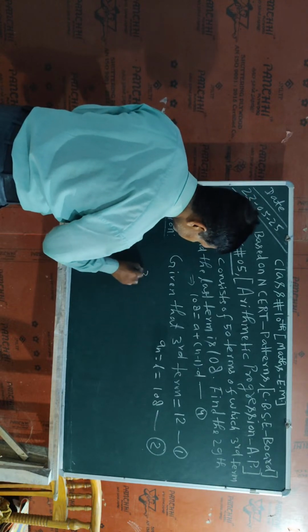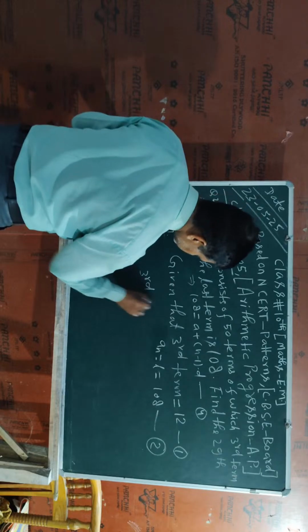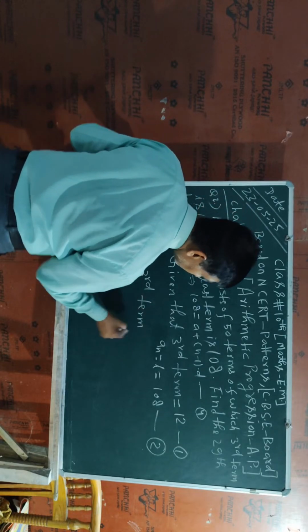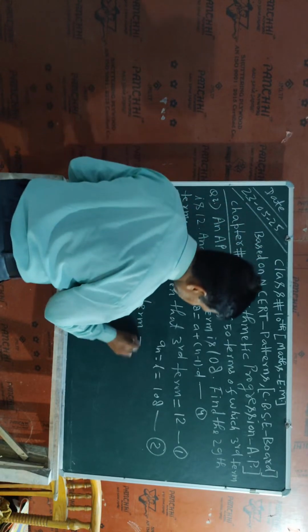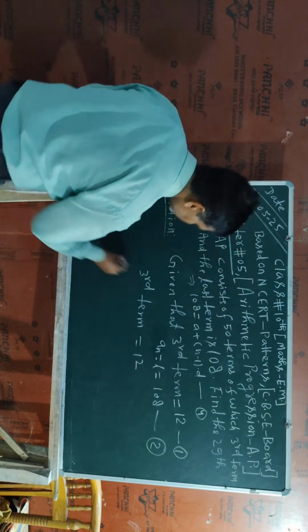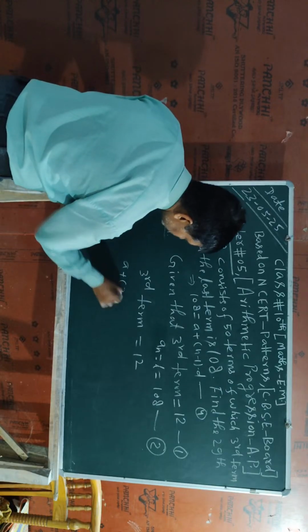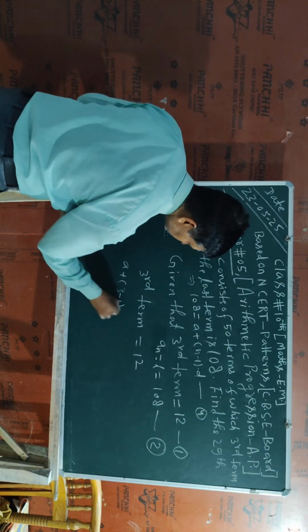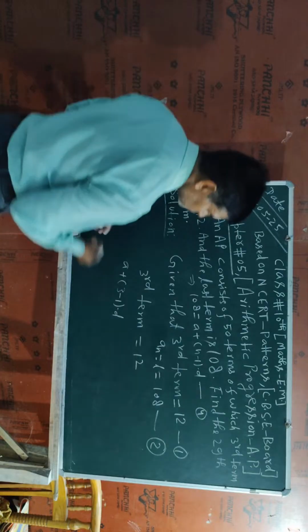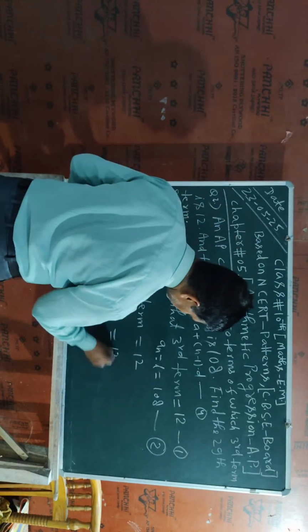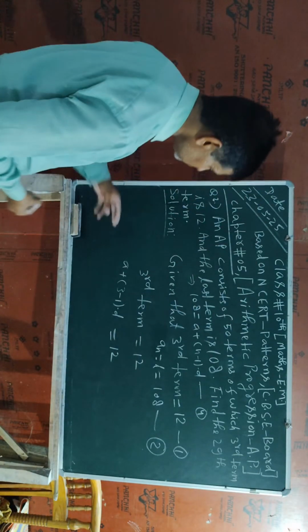Third term of that arithmetic progression is equal to a plus, in the place of n I have to write 3 minus 1 into d, which is equal to 12. So I will simplify that.